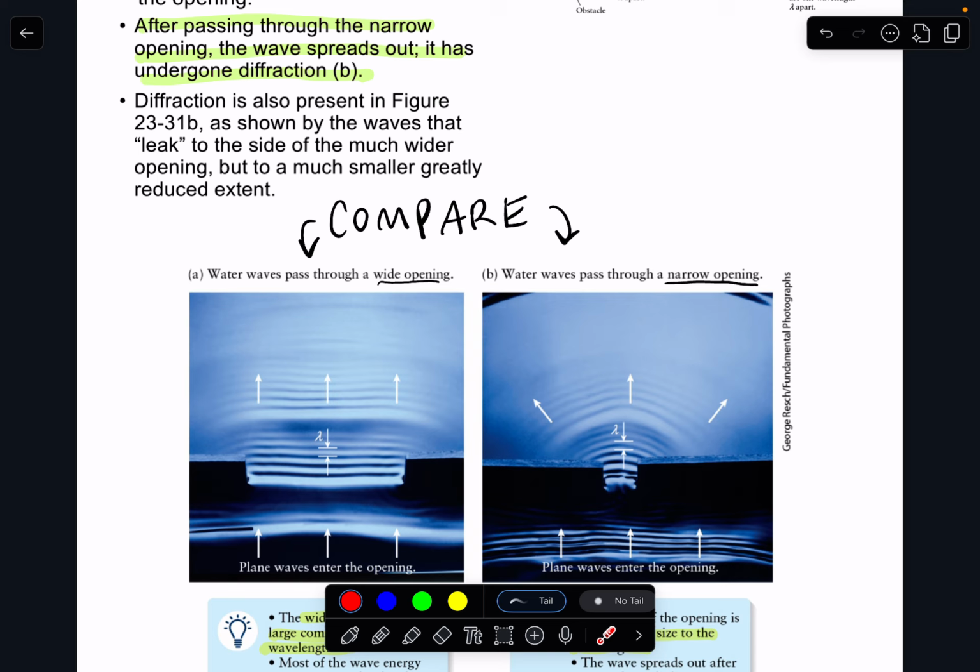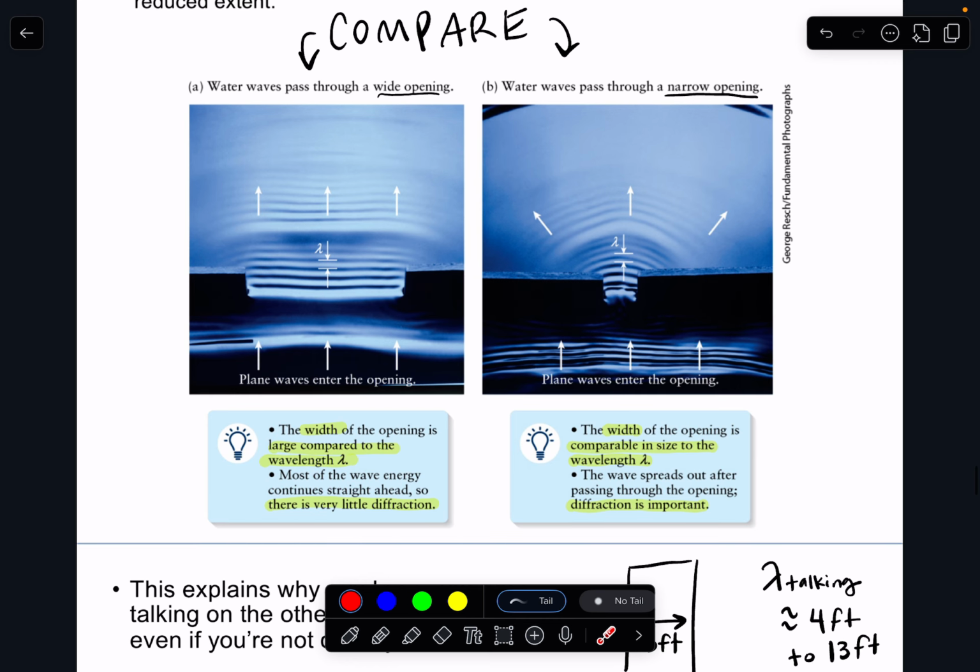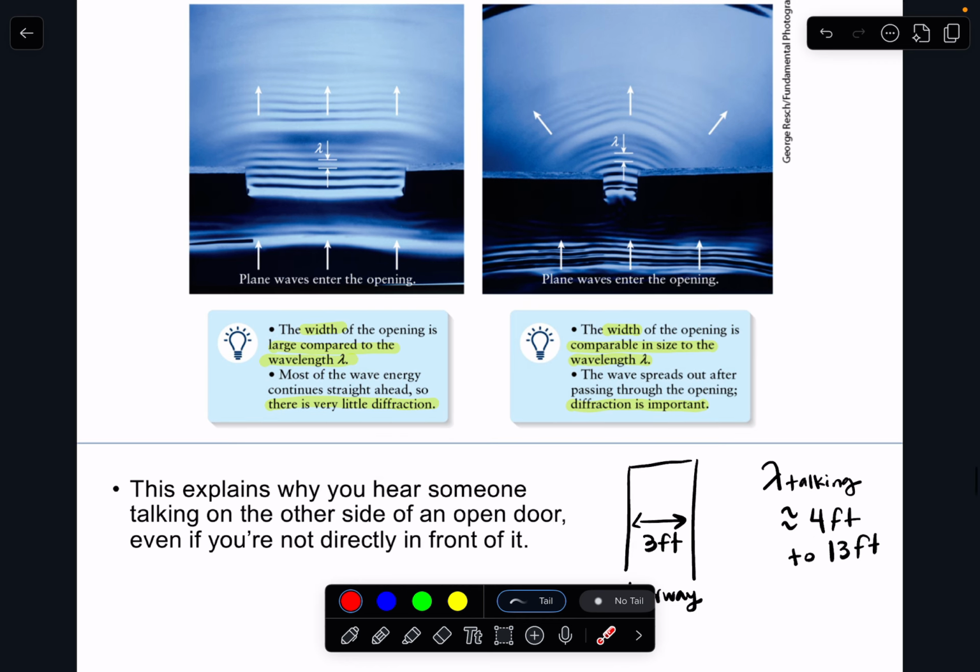But when the opening is small and pretty close to the wavelength size, we're going to see a circular wavefront form, and by the time they get to wherever they're going to hit, we're going to see a pattern. Diffraction becomes important when the width of the single slit is comparable to the wavelength.